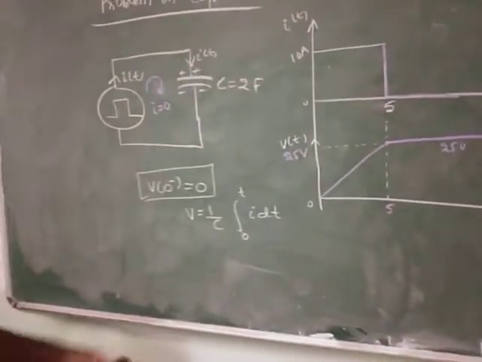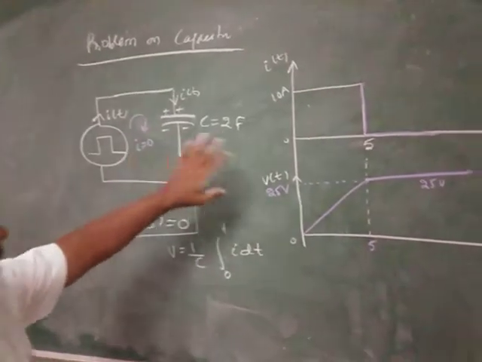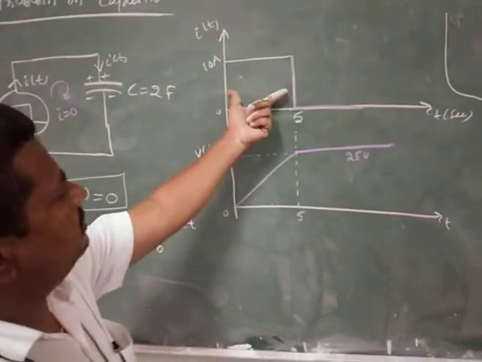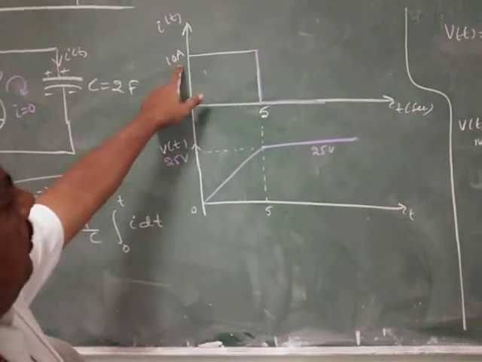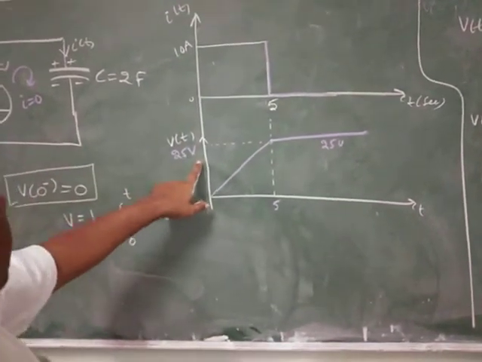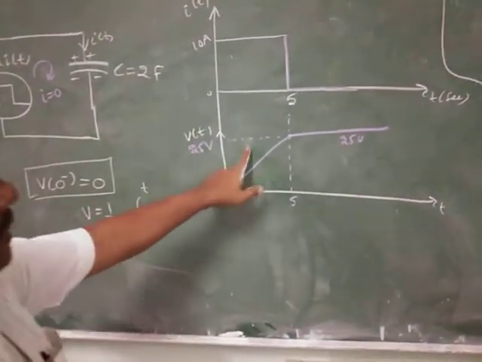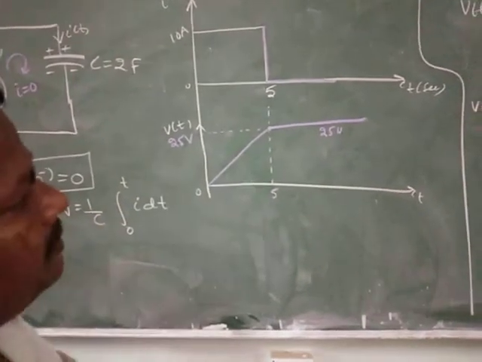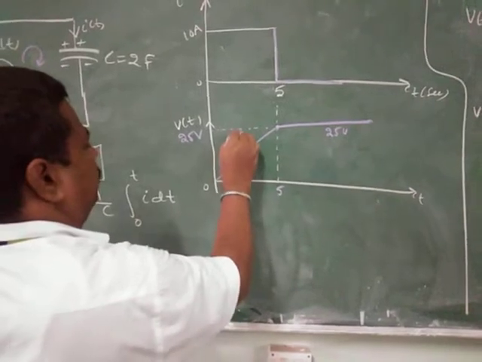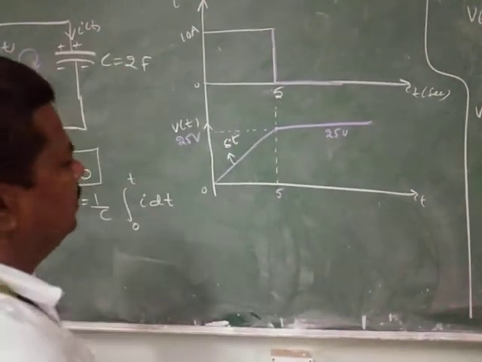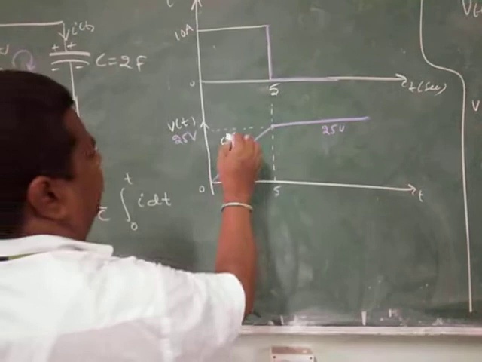The given current duration is only 5 seconds. From 0 to 5 seconds, the input current signal is 10 amperes. Then the voltage developed across the capacitor slowly increases. The expression is v of t is equal to 5 into t, 5 times t.